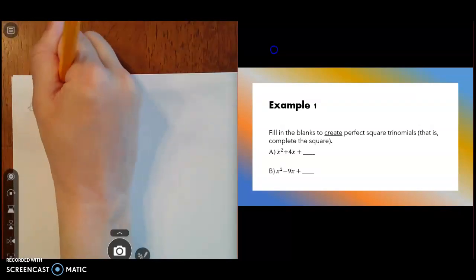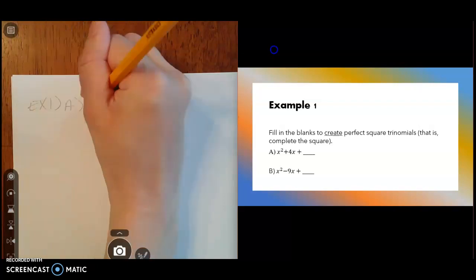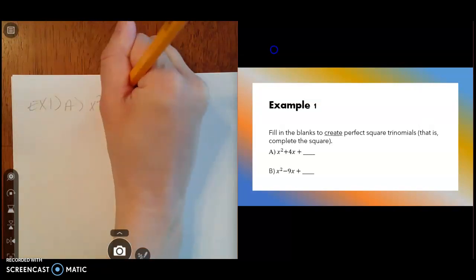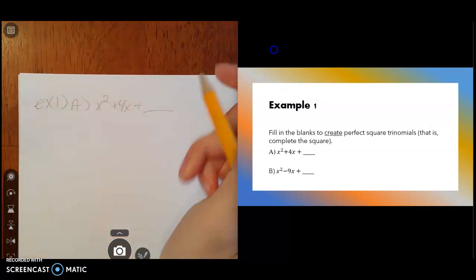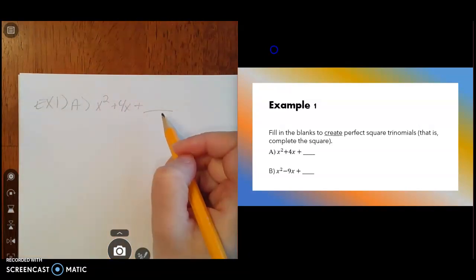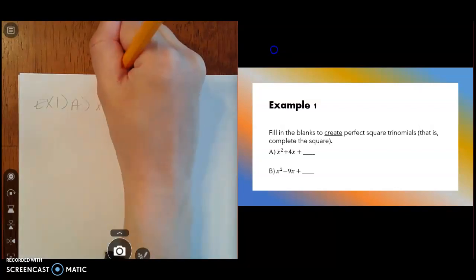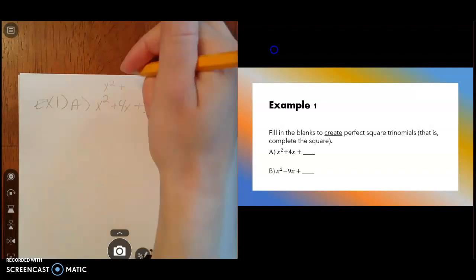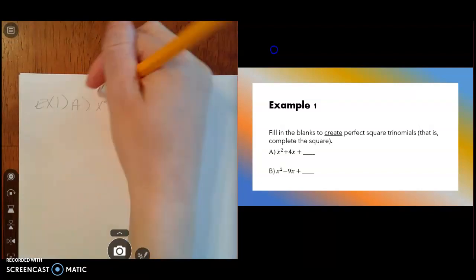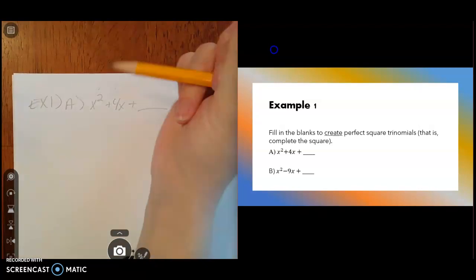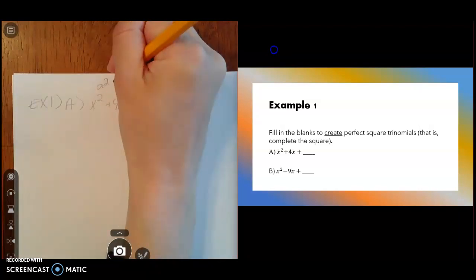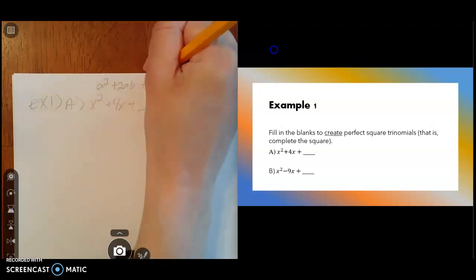The first one, in example A, is x squared plus 4x plus blank. I just want to fill in that blank to make it a perfect square trinomial. If you remember the general format, it's a squared plus 2ab plus b squared.